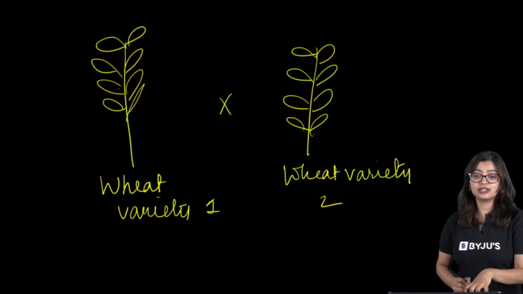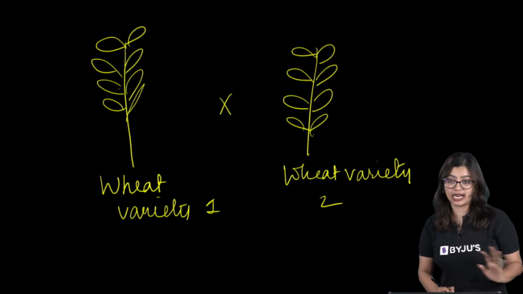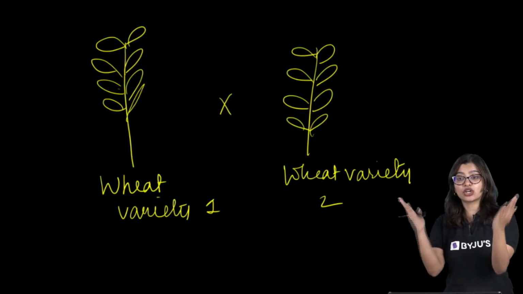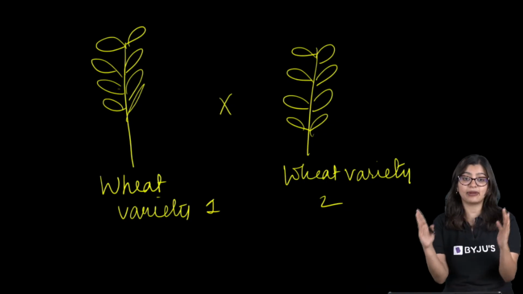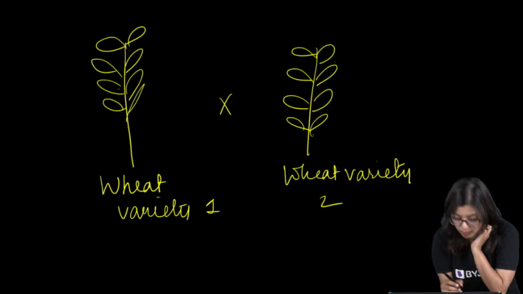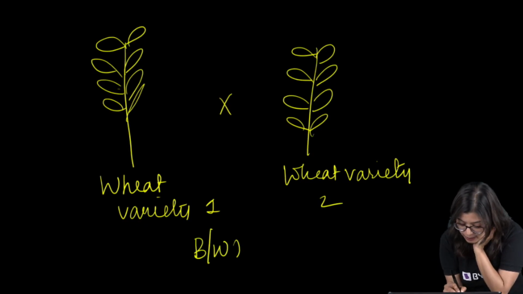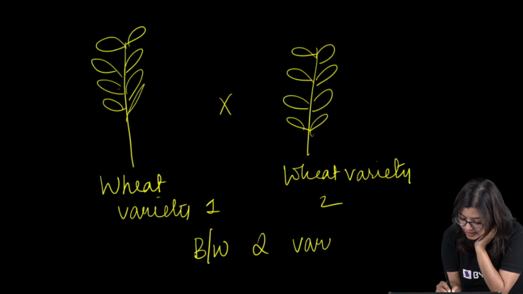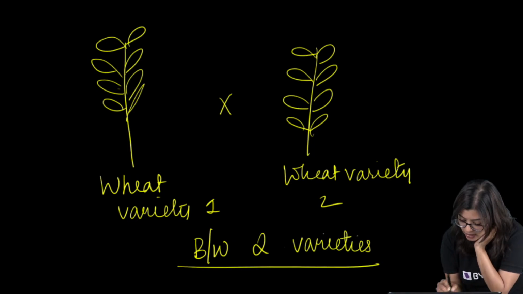If I cross wheat variety 1 and wheat variety 2, they all come under Triticum aestivum. So the cross or this hybridization is happening between what? Between two varieties. Because it is happening between two varieties, I will call this inter.